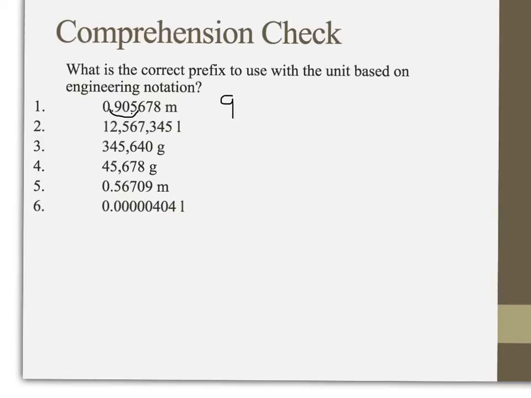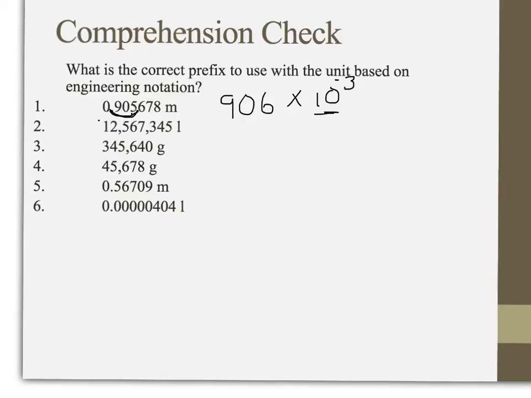So I'm going to have 906, round this 5 up to 6, times 10, and I've moved, remember, the decimal place 3 places. It's going to be negative because I moved the decimal from the left to the right, which makes sense because I want to multiply 906 by a small number, a number less than 1, in order to get a number over here that's less than 1.